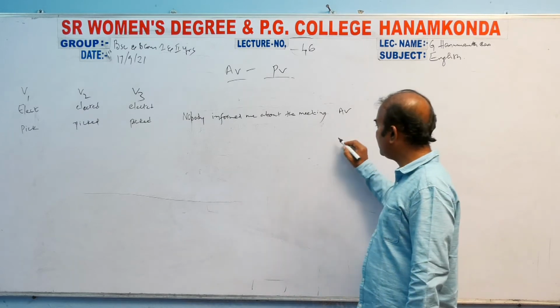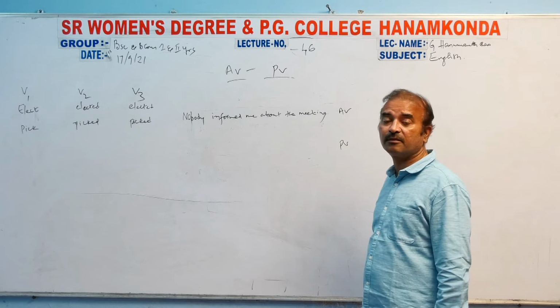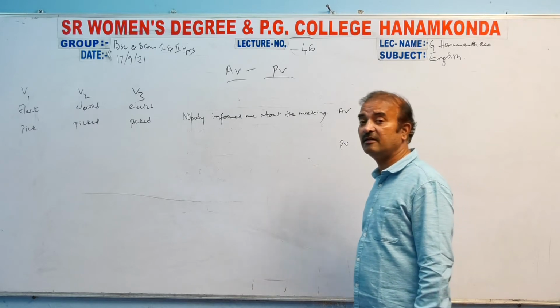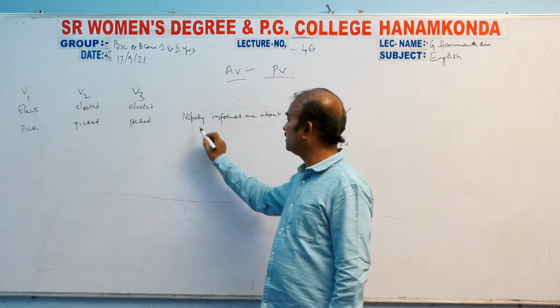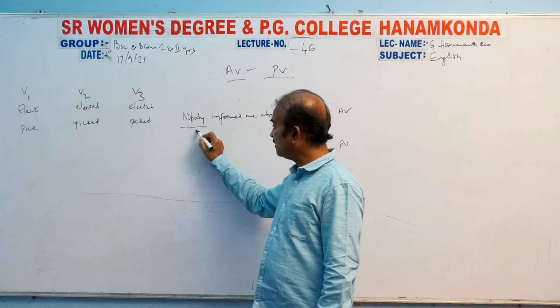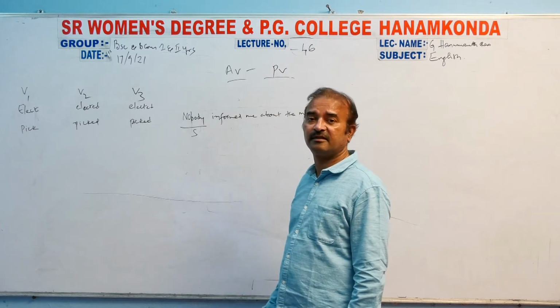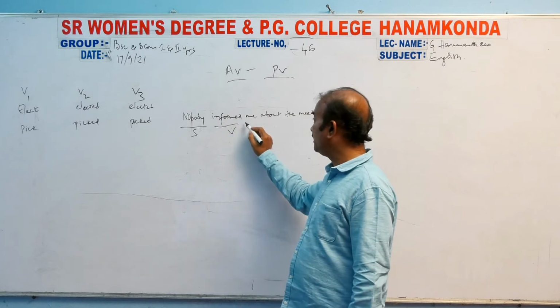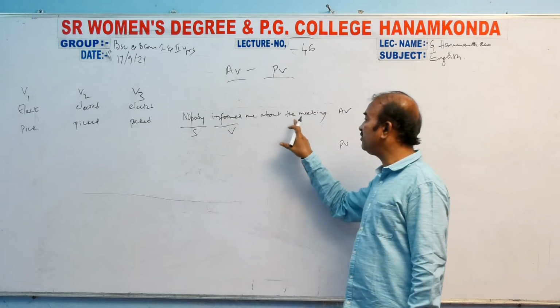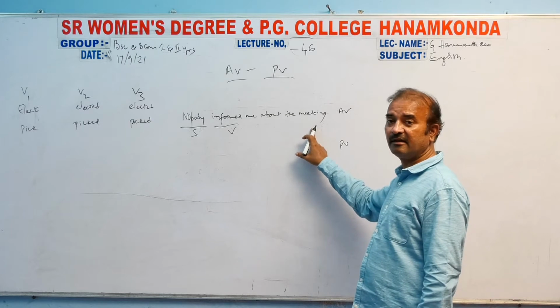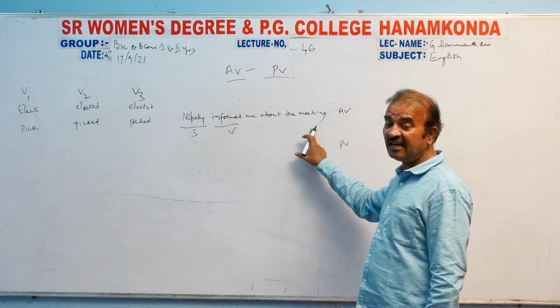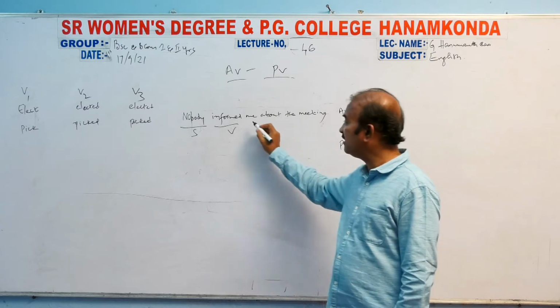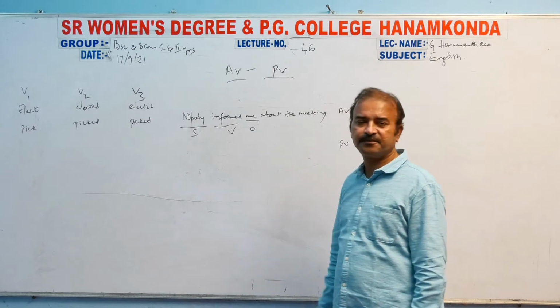What you have to do? Next thing that is going to happen is we are going to change it into passive voice. This is the subject, nobody. Informed is the verb. And here, me about the meeting. And if you want to get the right answer without any mistake, then this will be the object.